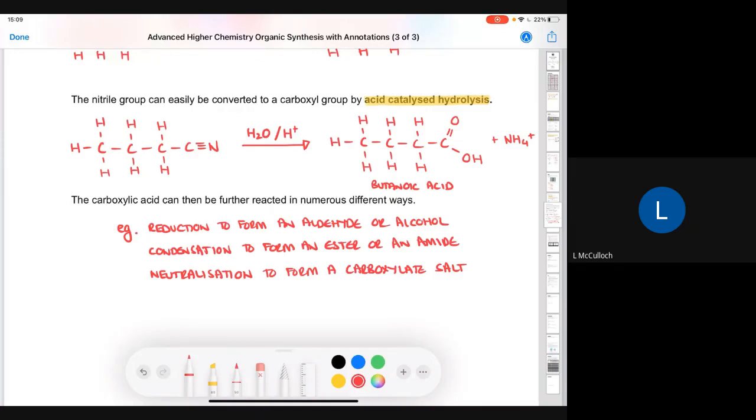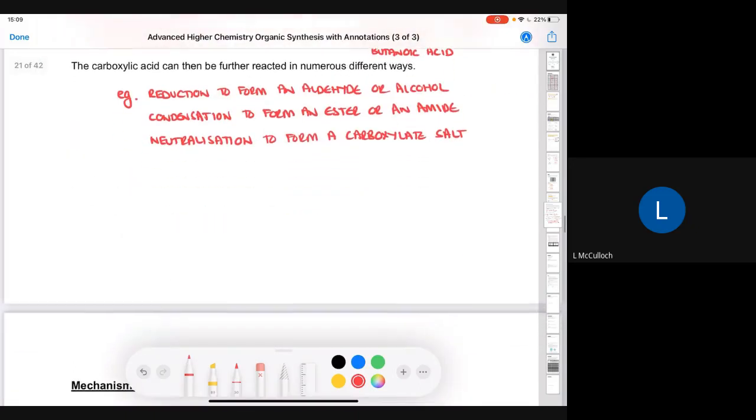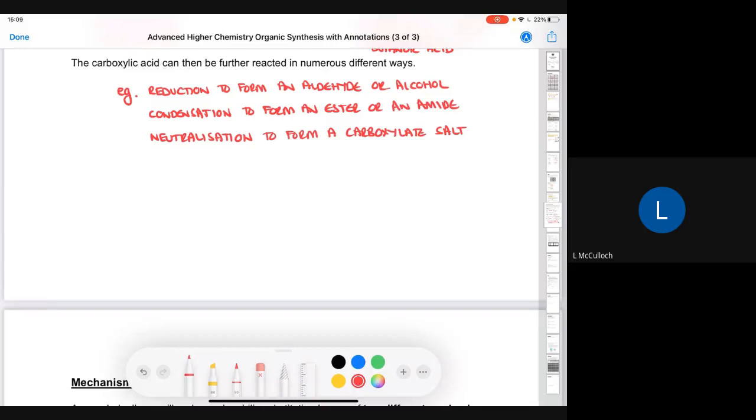We need to look at the mechanism behind how the nucleophilic substitution reactions work. And unfortunately, that means more curly arrow diagrams. So we're going to do a little introduction to looking at these mechanisms.